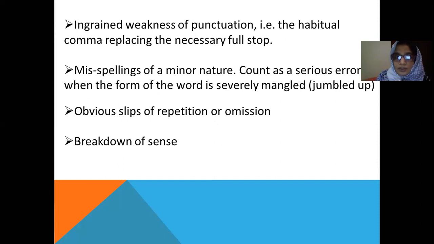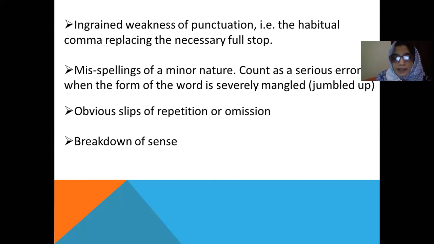So they need to know that a semicolon is used when you're not using a conjunction to merge two independent sentences together. So the students need to understand the difference between comma, semicolon, colon, and full stop is mostly used correctly, so I wouldn't emphasize on it.